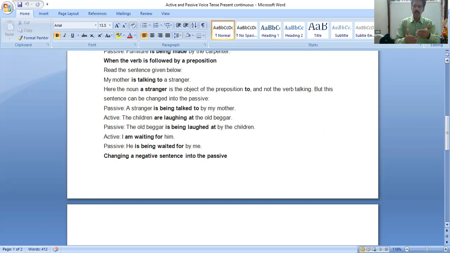In passive voice also, we must use the same preposition. The old beggar is being laughed at by the children. Okay, this is the construction. In the bold letters, the given part is the verb form: is being laughed at, is being talked to.